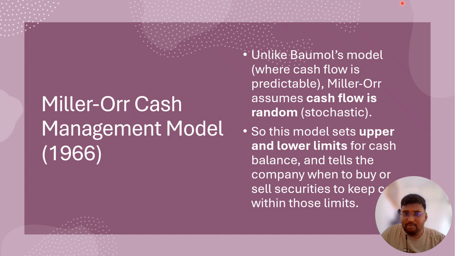And if your money is going below the lower limit, the company should bring in more money by selling securities or by taking a short-term loan, whatever way you want to choose. But yes, if it is below the lower limit, bring more money into your business. So in this way, the model tells the firm exactly when you are supposed to buy your securities or when you are supposed to sell your securities, so that cash always stays within the safe limit.